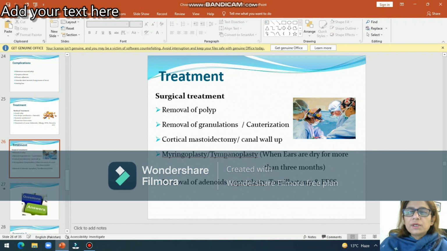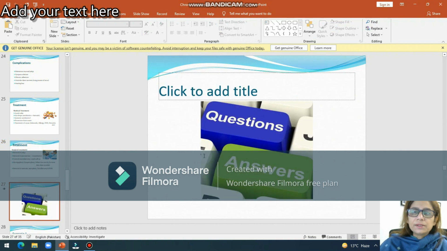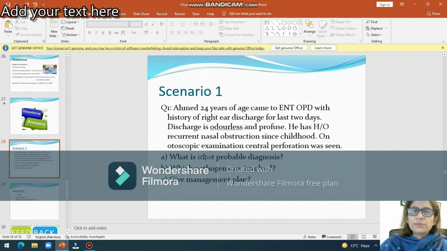If ossicles are damaged, you will make ossicles with the help of some bone, that is called ossiculoplasty. Before or after treating this, you will also address the disease of the nose and paranasal sinuses. All this is about the tubotympanic disease.